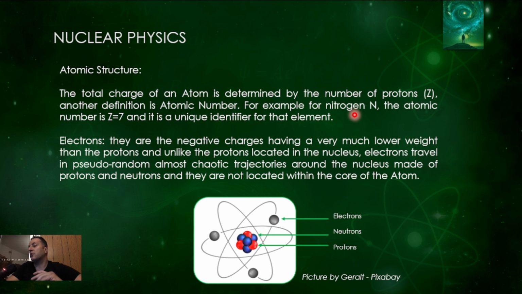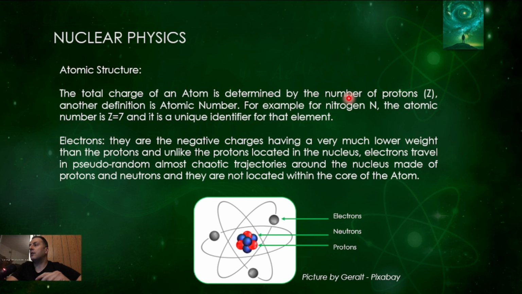For example, for nitrogen N, the atomic number is Z equals 7, and it is a unique identifier for that element. Now, of course, for atoms at equilibrium, the total charge of the atom would be neutral, because the protons are negated by the electrons.